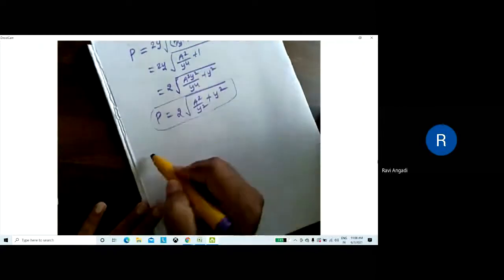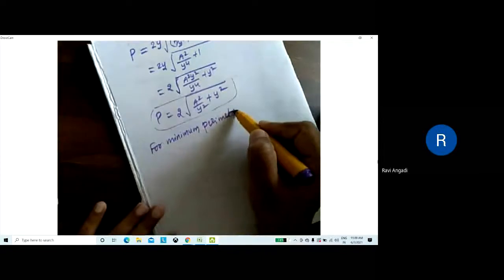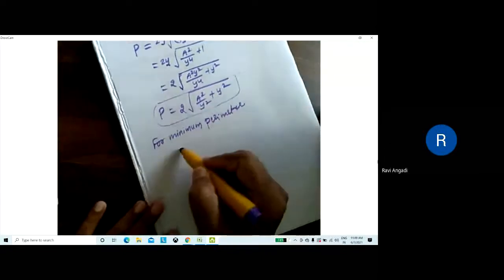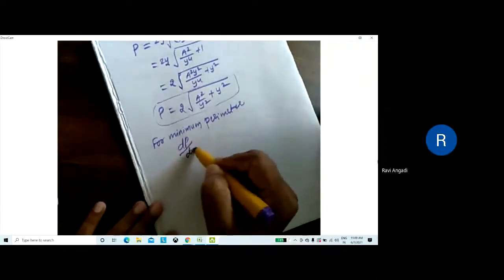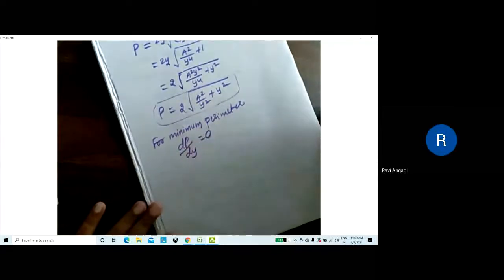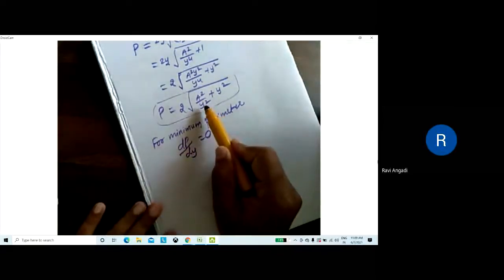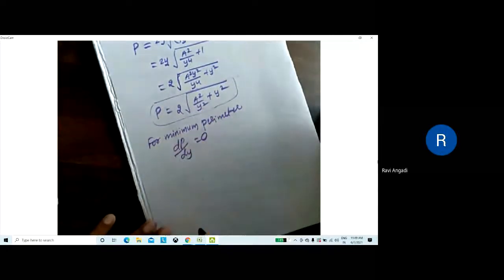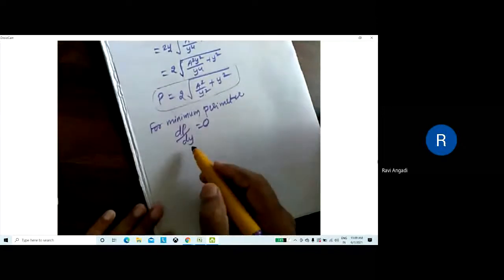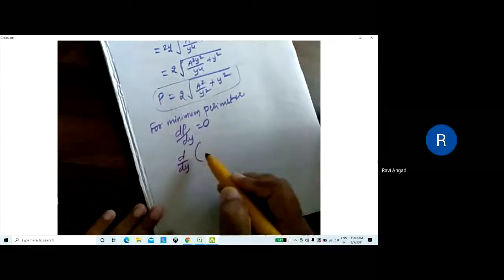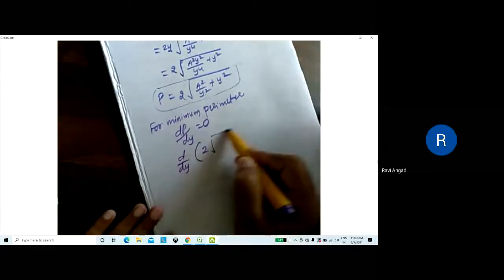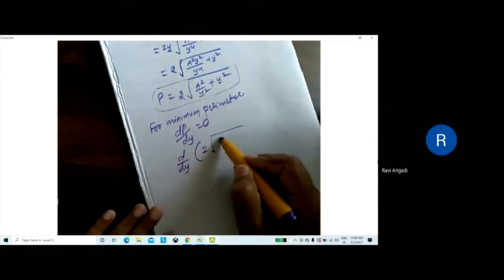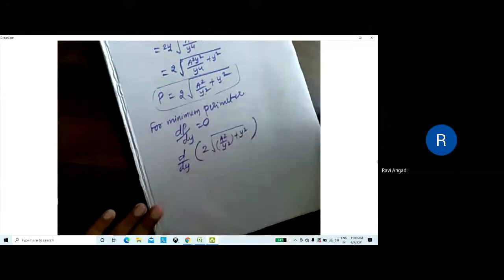Now for minimum perimeter, dP by dY equals 0, because we are taking it with respect to Y, in terms of depth of flow. As the depth of flow varies, the perimeter varies. Then differentiate this: d by dY of 2 square root of A square by Y square plus Y square.